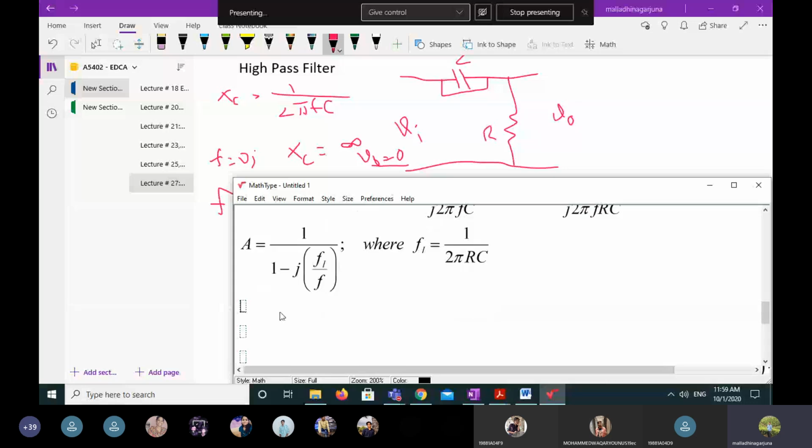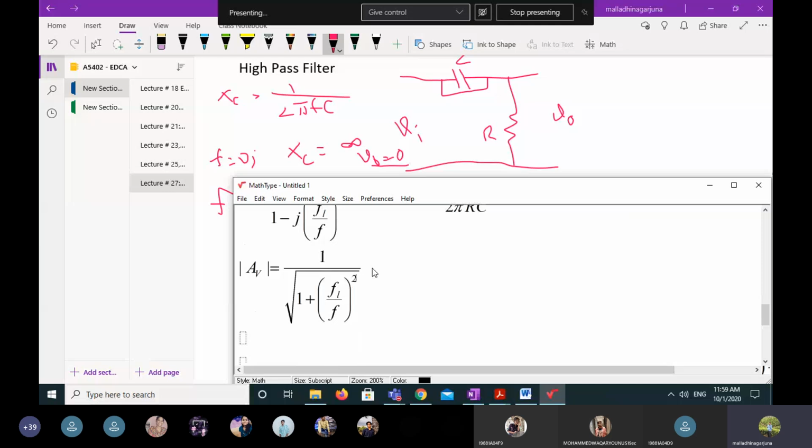Now taking the modulus, AV equals 1 divided by the root of 1 plus FL divided by f whole square.